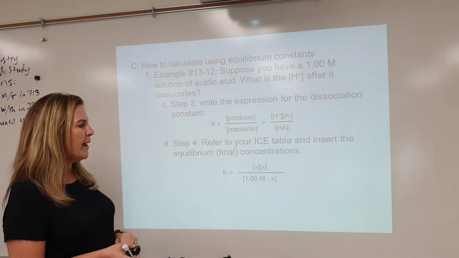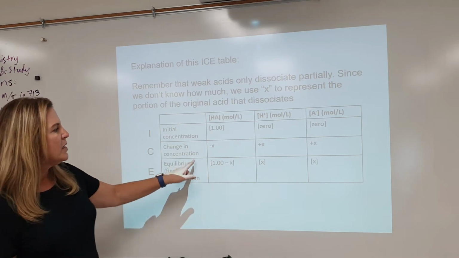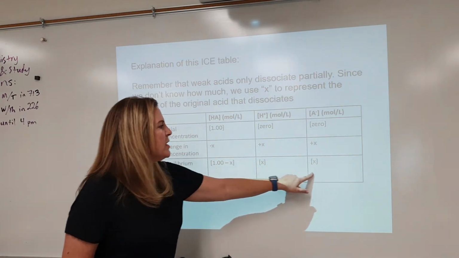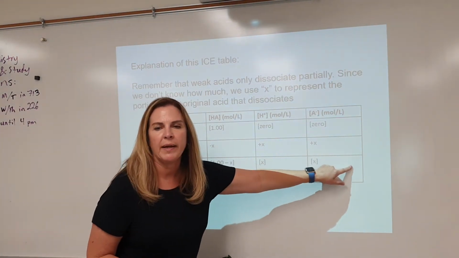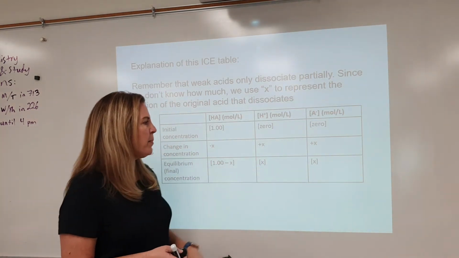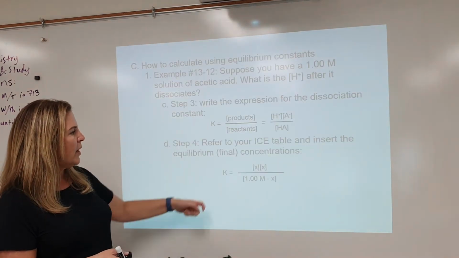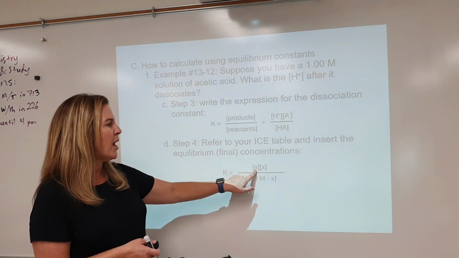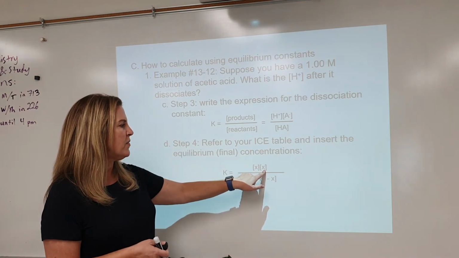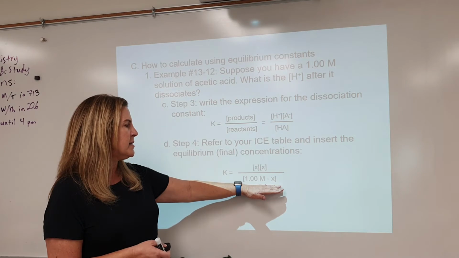So we go back to our ICE table. Let's just look at this. So right here, this is the information that's going to go into your equilibrium expression. Okay? So these are my reactants. These two are my products. So now moving forward, you can see I have the concentration of X times the concentration of X over 1.00 molar minus X.